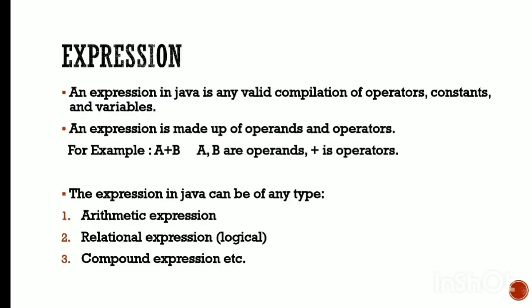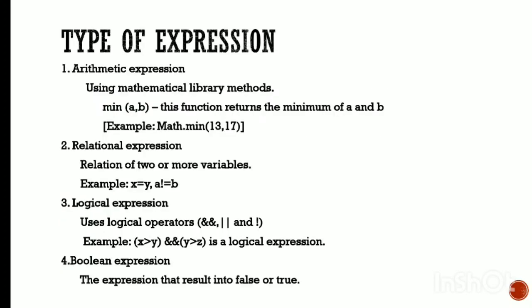Now we are going to see them one by one. The first one is arithmetic expression, using mathematical library methods. We have a lot of mathematical methods. It starts with pow(x, y), which returns x to the power of y.